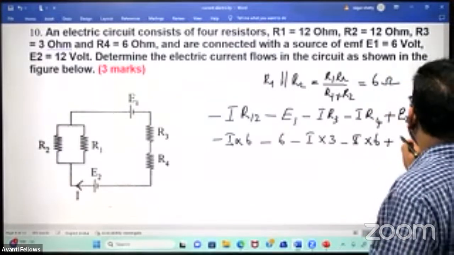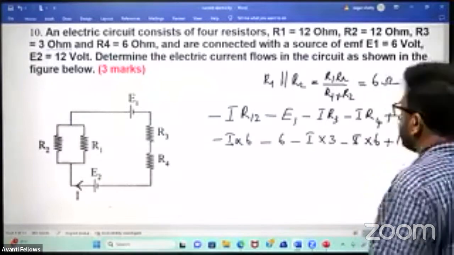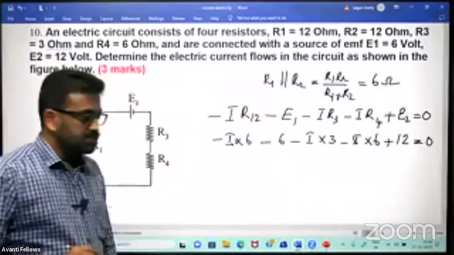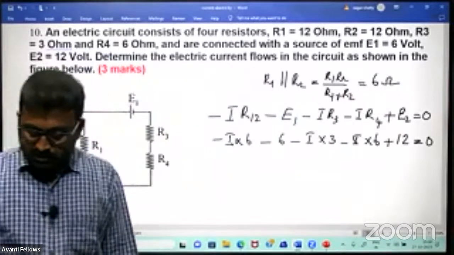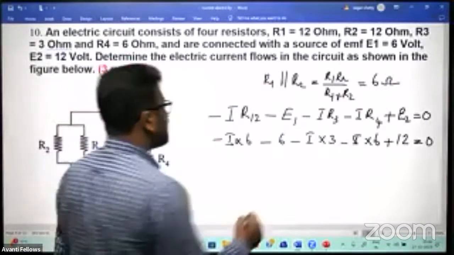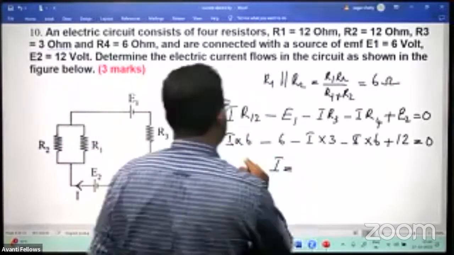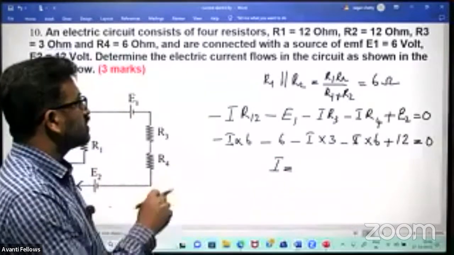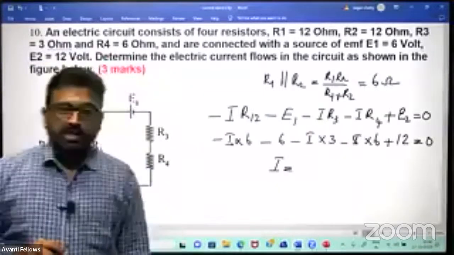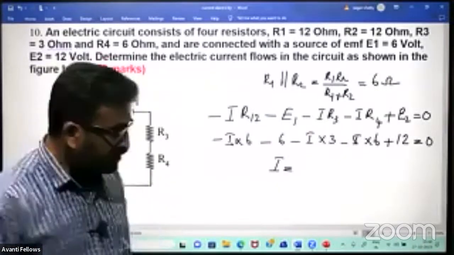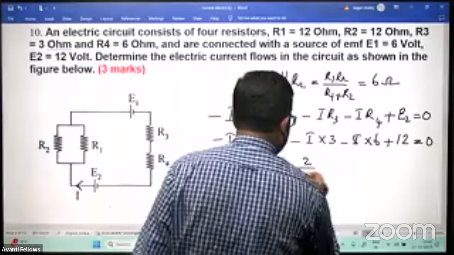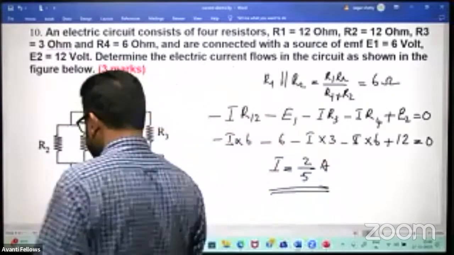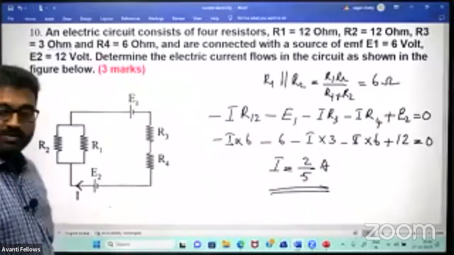E2 is 12 volt, equals 0. Here you get I is equal to how much? You will get the value of I equals 2 by 5 ampere. See how it is solved?